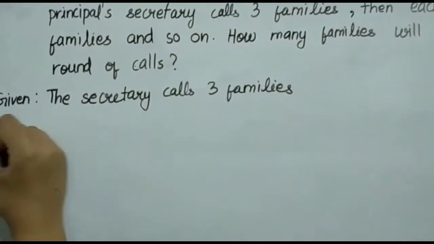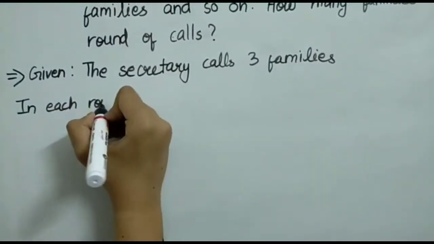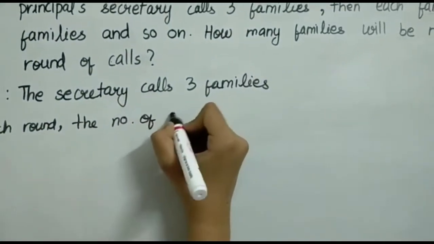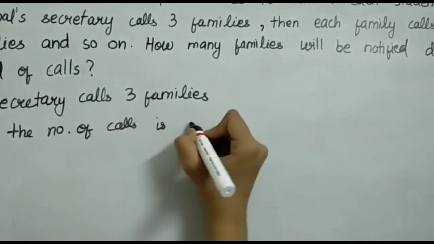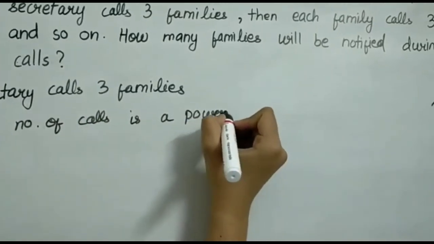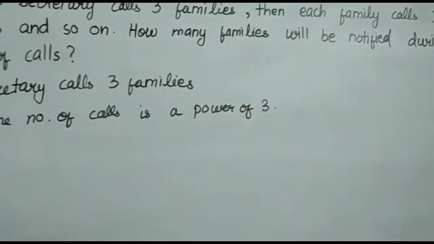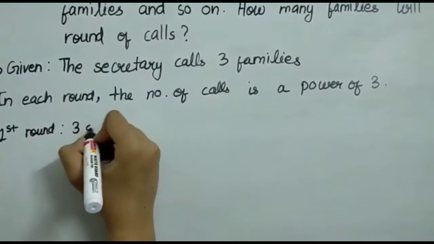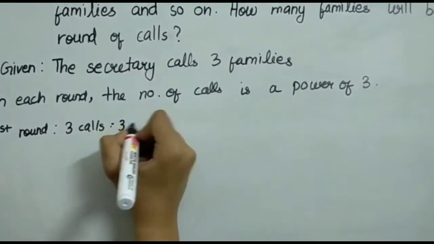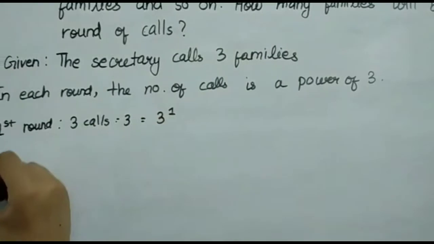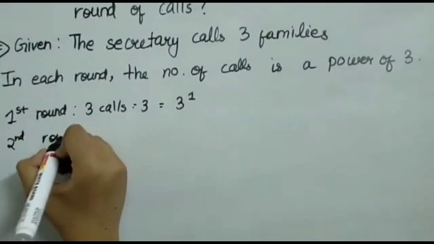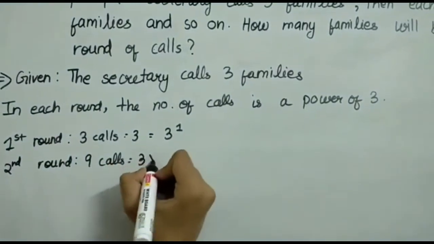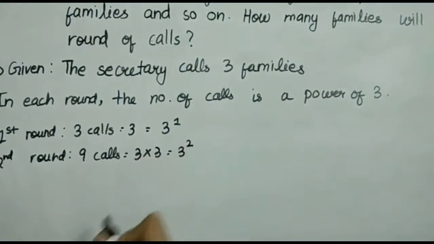In each round, the number of calls is a power of 3. So first round, that's 3 calls equals 3^1. Second round, 9 calls equals 3 × 3, that is 3^2.